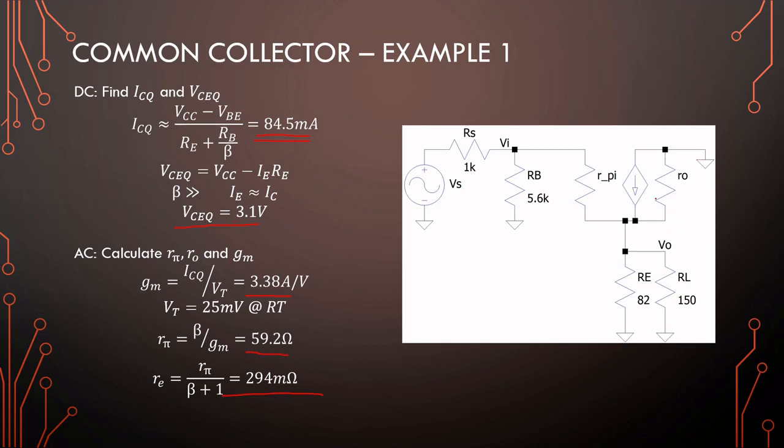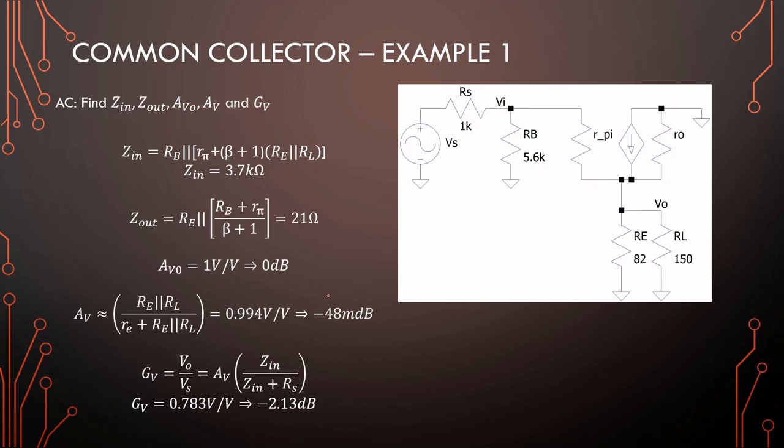It is not really featuring in our analysis at all. If you really want, R out is extremely high and will be in parallel with Re and R load. But if this is 100 kilo ohms, it's already much greater than all of these, and it does not feature in our equations.